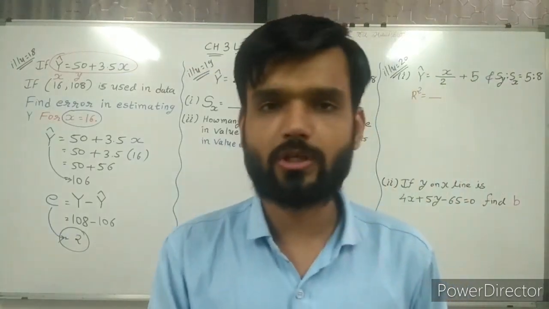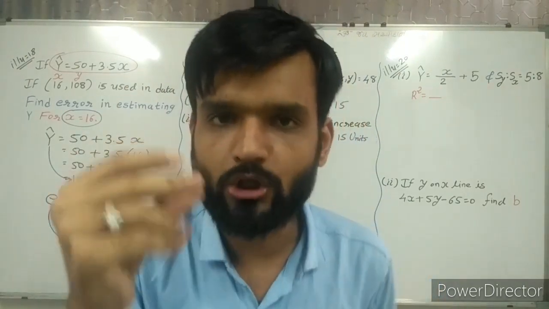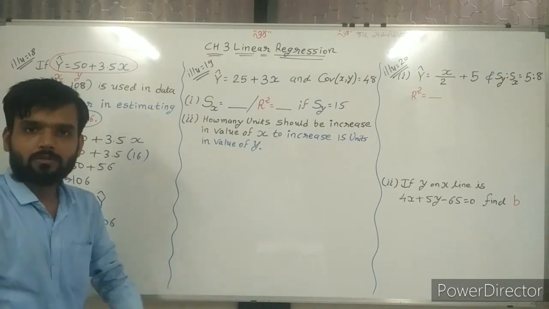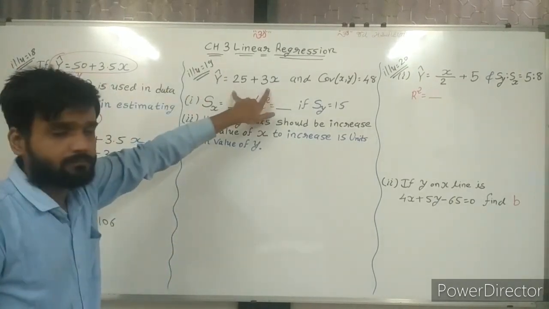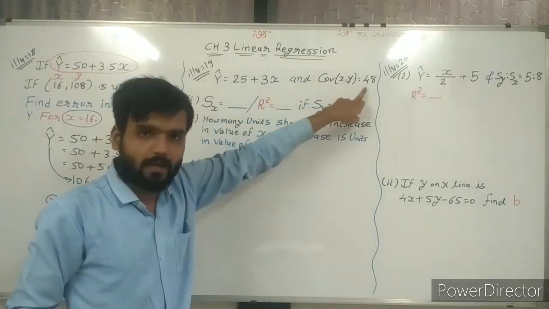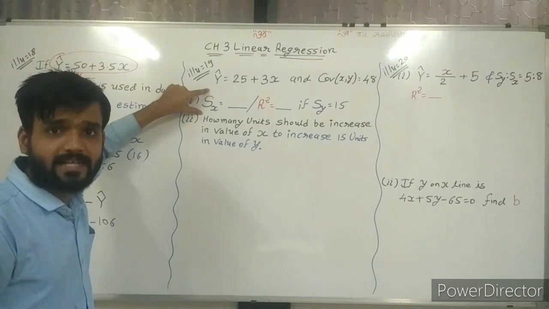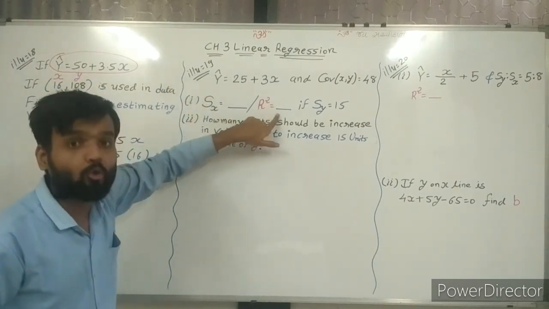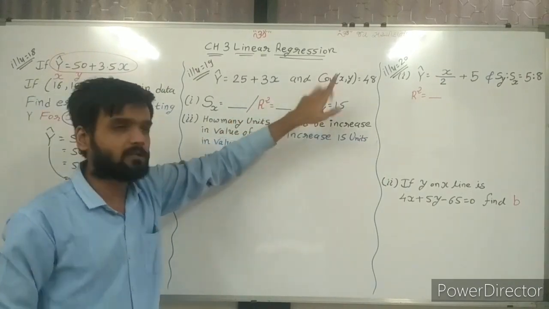Now this whole question is given to you in the textbook, and on that basis I have written the full question here. In short, y cap is given, covariance of xy is given, we need to find standard deviation of x, means sx. I need to find r square also, coefficient of determination, if sy is equal to 15.